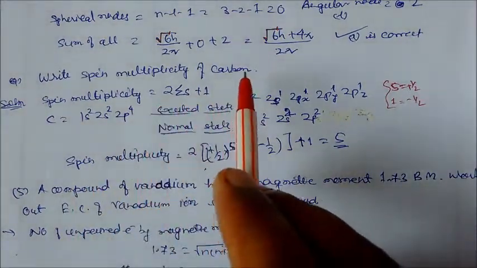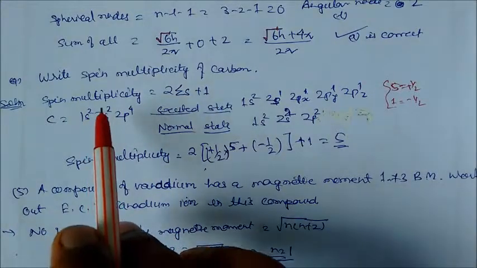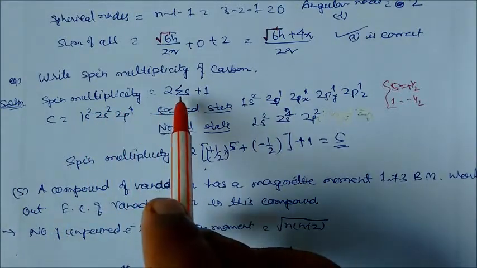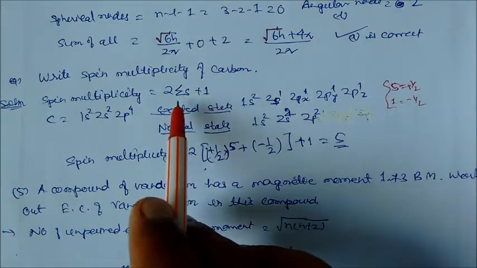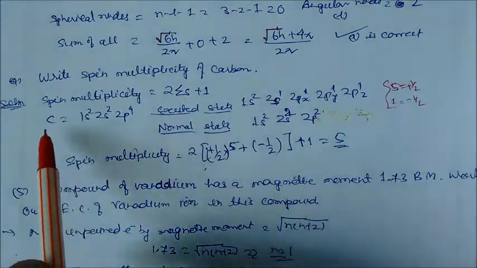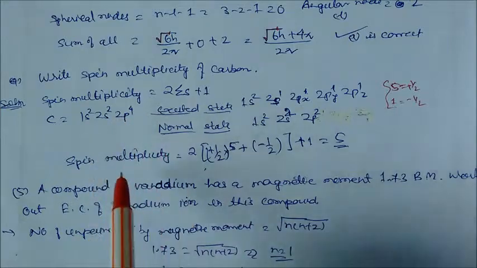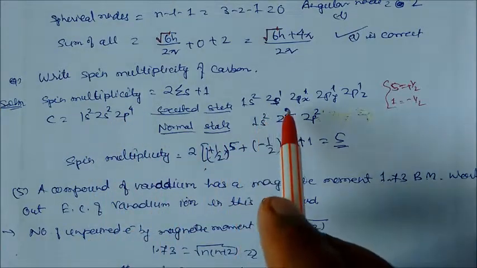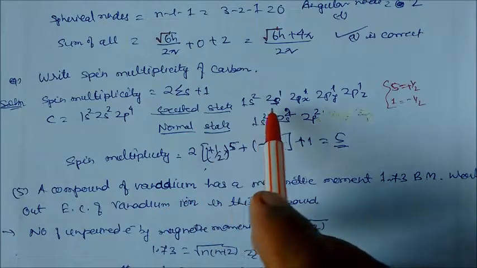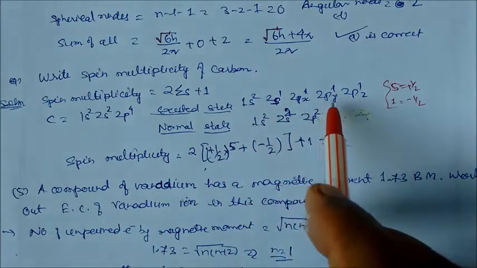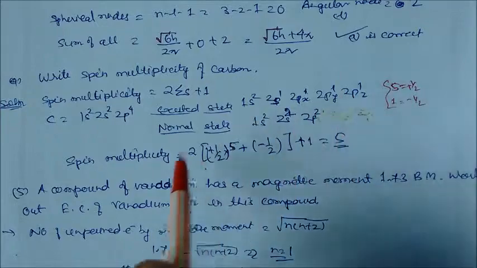Write the spin multiplicity of carbon. So spin multiplicity means 2 into summation of s plus 1, where s is the number of spins. So here in carbon, 1s2 2s2 2p2 is the normal state. But in the excited state we have 1s2 2s1 2px 2py and 2pz.